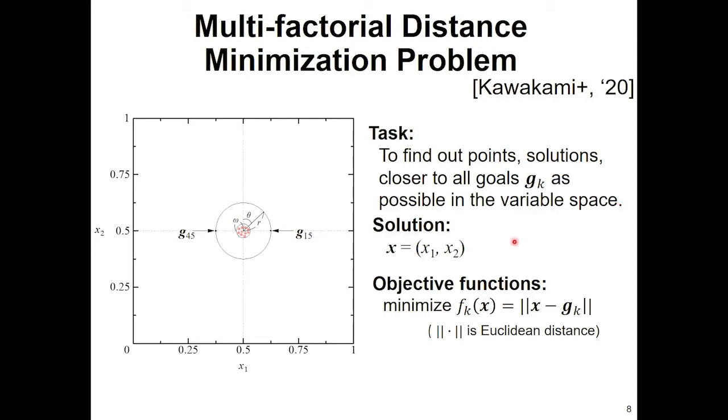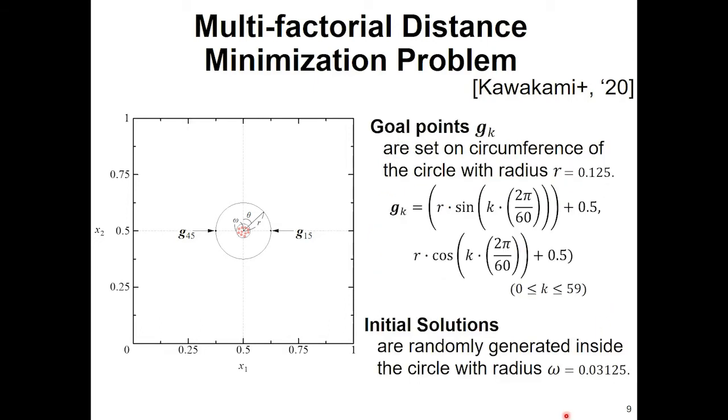A solution is represented by vector x, and its objective function values are given by this formula. The goals are located on the circumference of a circle with radius r. The goals are numbered k from 0 to 59 according to where they are located when the circumference is divided into 60 parts like the minute hand of a clock. The equation is as shown here.